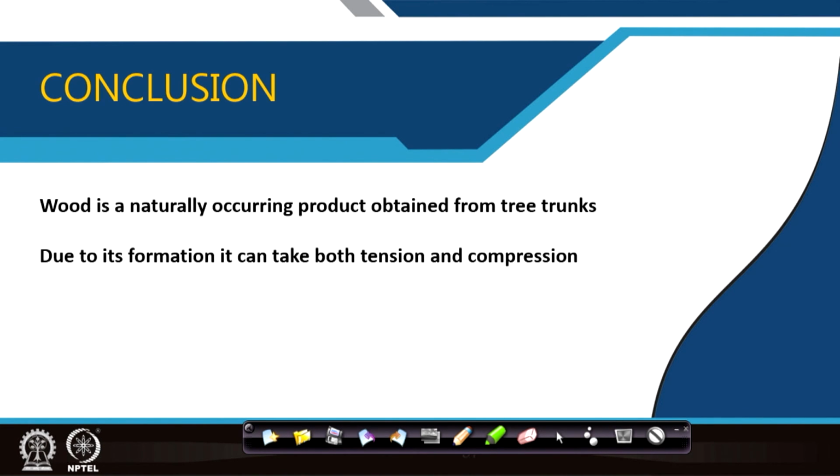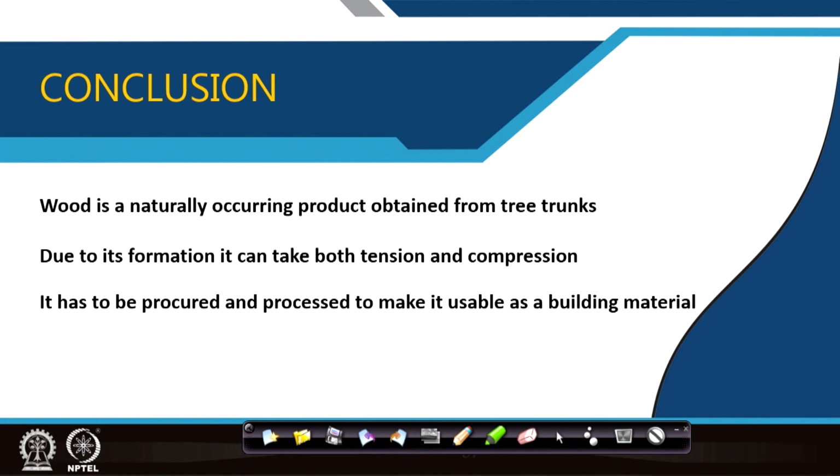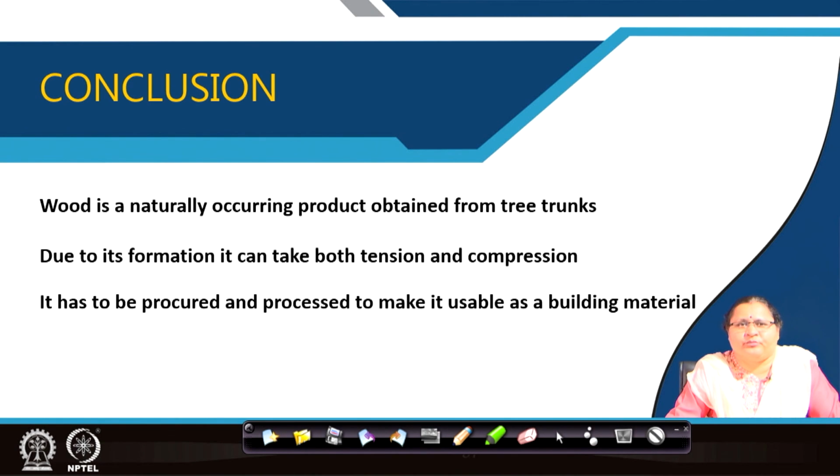These bundles of fibers act together and help in taking both compression and tension. It has to be procured and processed to make it usable as a building material. It is similar to stone. You have to procure it, process it, and then cut it into its proper sizes so that it can be used as a building material.